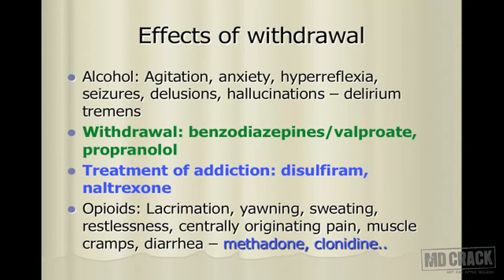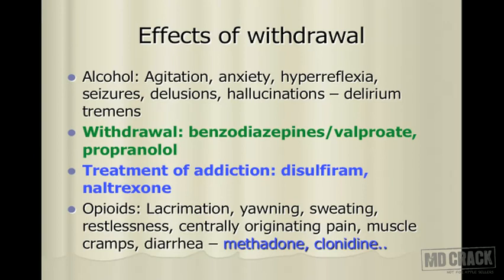Lastly, we go on to see what are the effects of withdrawal for alcohol, because we have not included alcohol on this. It's a special substance, and I again advise you to go to the pharmacology modules to listen to a full presentation on alcohol. With alcohol, you get agitation, anxiety, hyperreflexia, seizures, delusions and hallucinations. And I hope you know it's called delirium tremens. And this is the effect of withdrawal of alcohol.